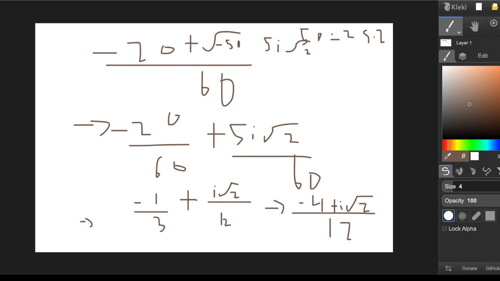But if you want it in a more simplified form, then I would say go ahead with this solution. So it just depends how you like it to answer this problem. I might go with the left one, but if someone says, hey, put it under a common denominator, then that's how you could do it. Okay? So yeah. Alright.